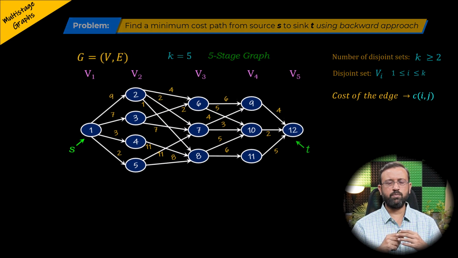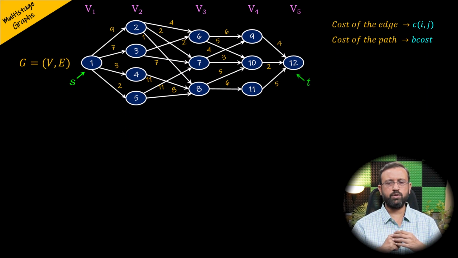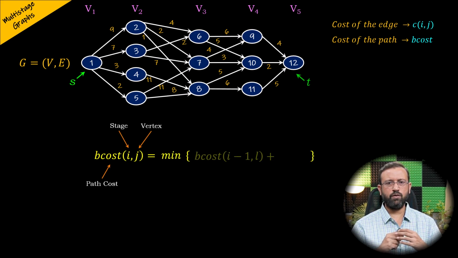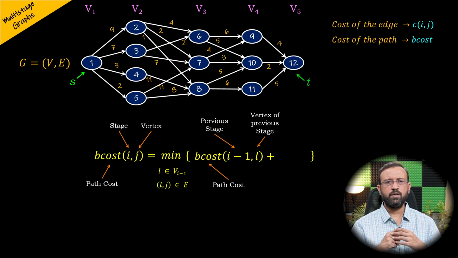So the dynamic programming formula using backward approach is represented by BCost(i, j), where B stands for backward approach, i is the stage and j is the vertex in that stage, equal to the minimum of the sum of BCost of the path of every vertex l in the previous stage plus the cost of the edge between vertex l and vertex j, where (l, j) is an edge.